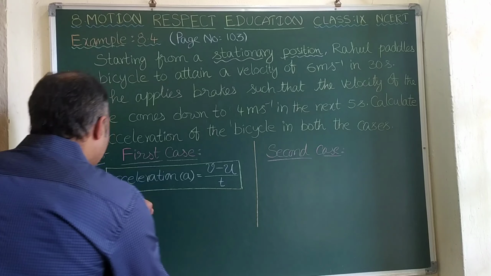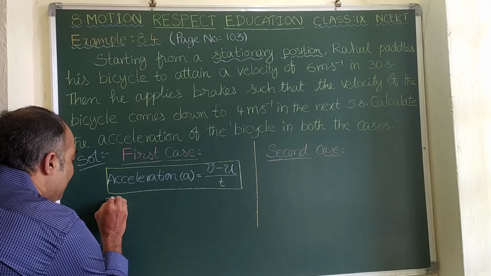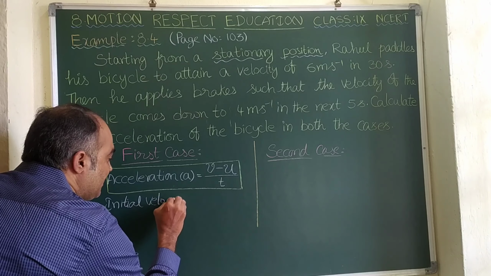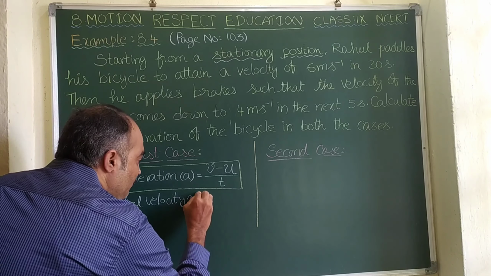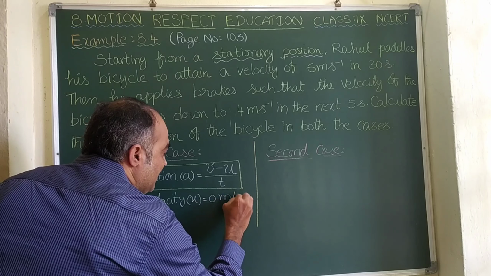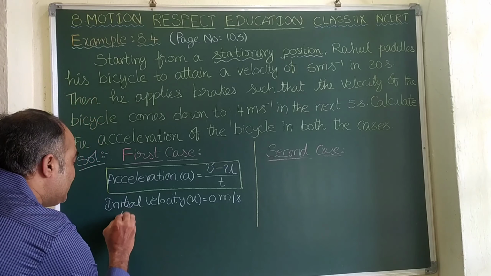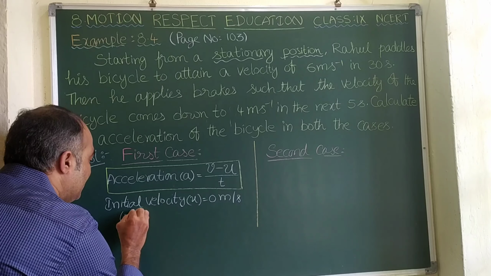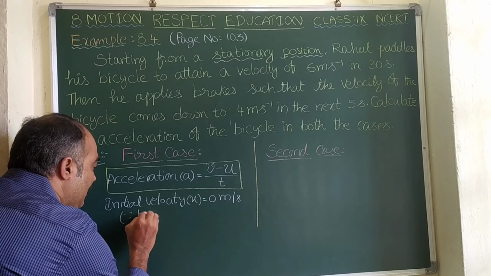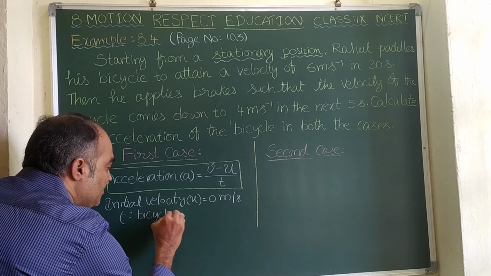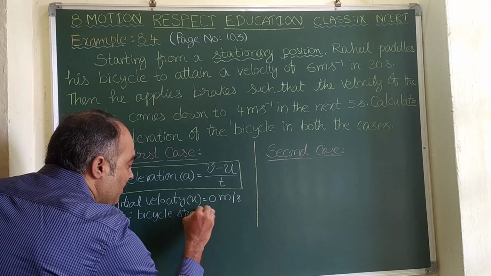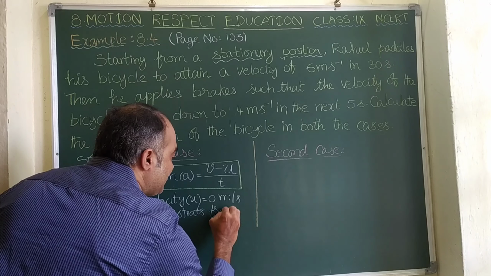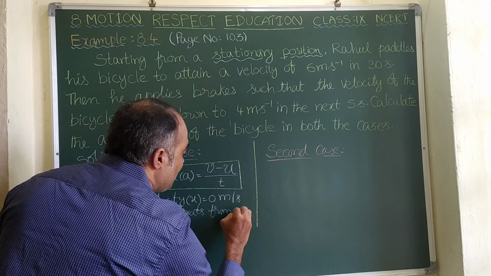So here let us write down, given that initial velocity u is 0 meter per second, since the bicycle starts from rest, or from stationary position.